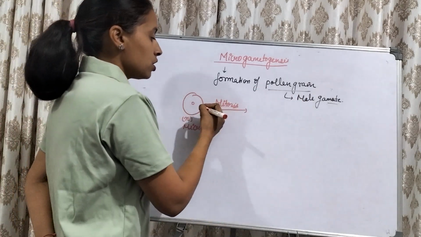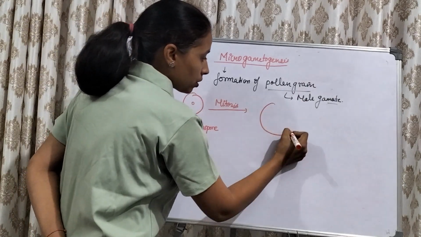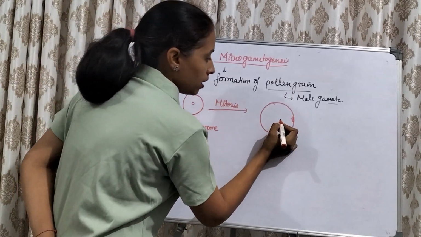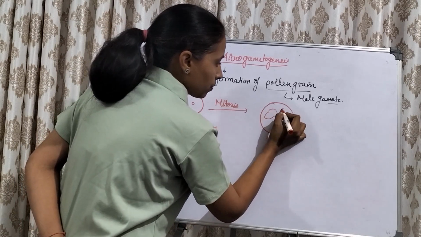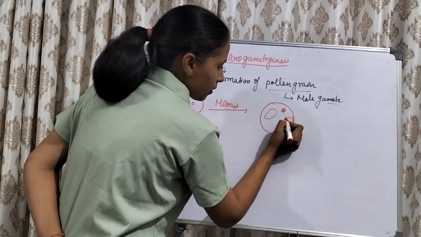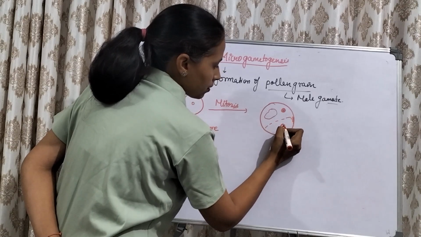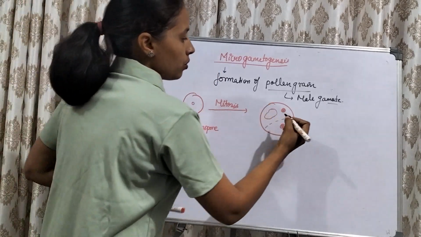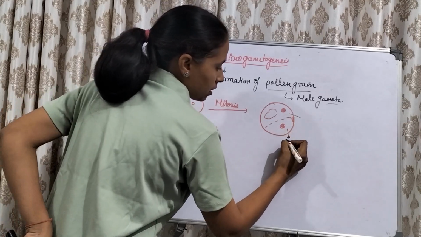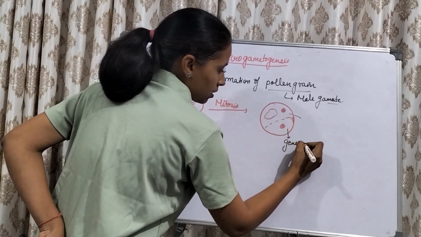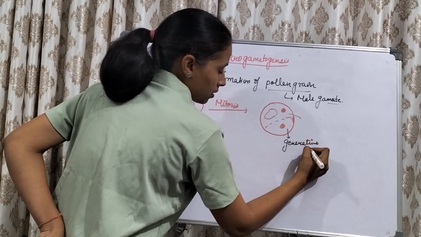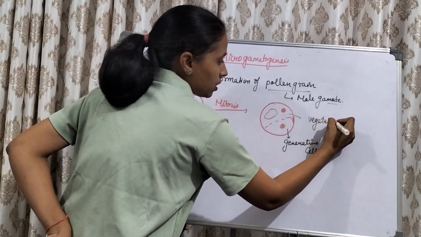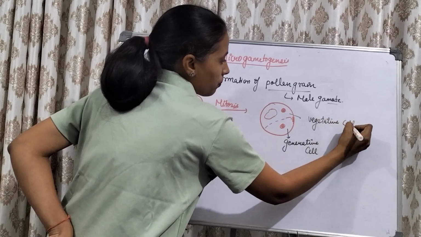By this, there is a formation of one vegetative cell and one germinative cell.